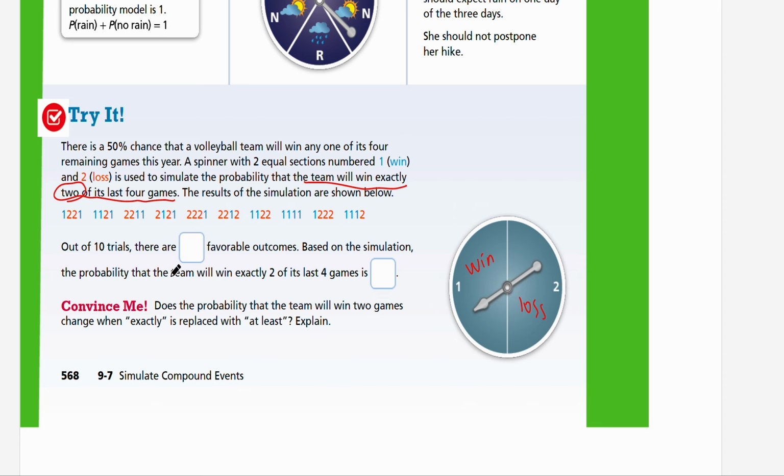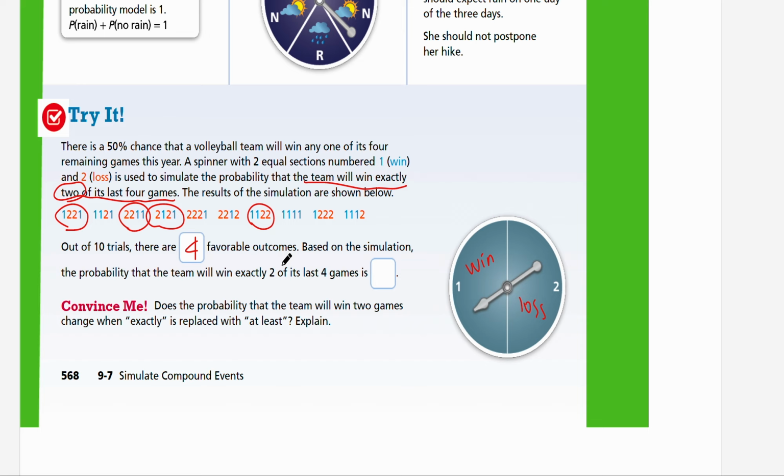So we want exactly 2 wins, which is exactly 2 ones. So this one is favorable. That one is too many wins. This one is favorable, no, not favorable, not favorable, not favorable. So we have 4 favorable outcomes out of these 10 trials.